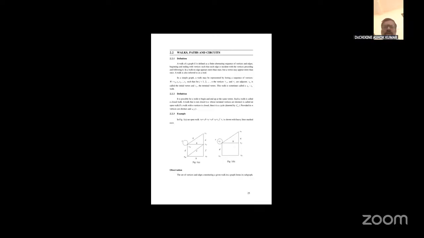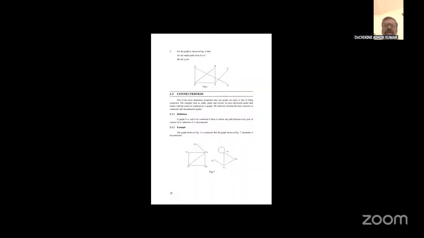The same topic can be expressed in the next unit. I will show it. One minute. It is a directed graph.